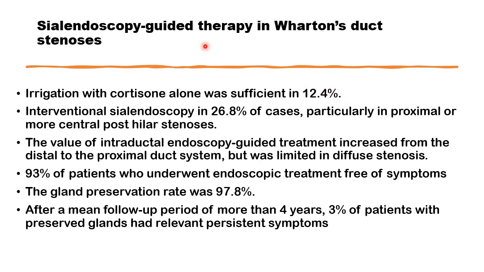Actual use of the sialoscope with balloons and lasers is only required in about a fourth of the cases, mostly cases close to the gland itself, in the proximal part or the hilar part of the duct.